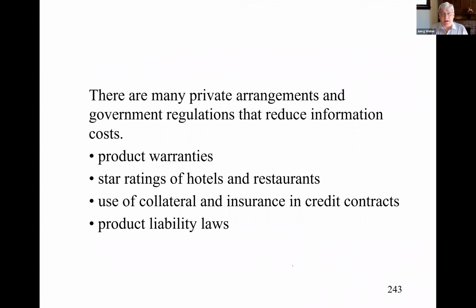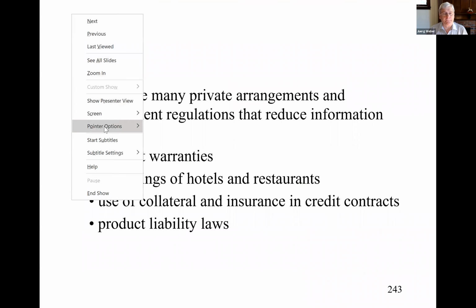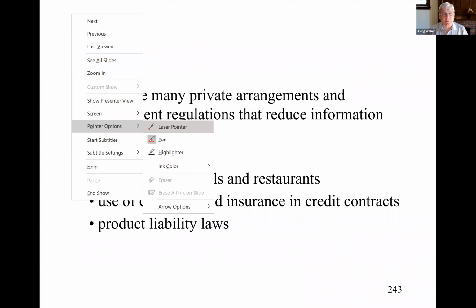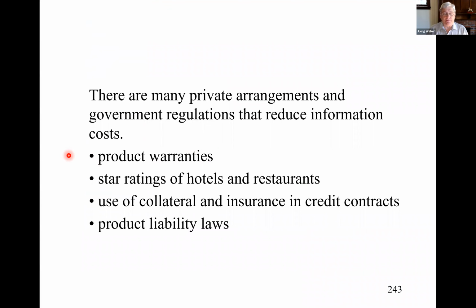Now there are many private arrangements and government regulations that reduce the information costs. For example, product warranties. You buy a refrigerator and they give you a warranty of 1 year.